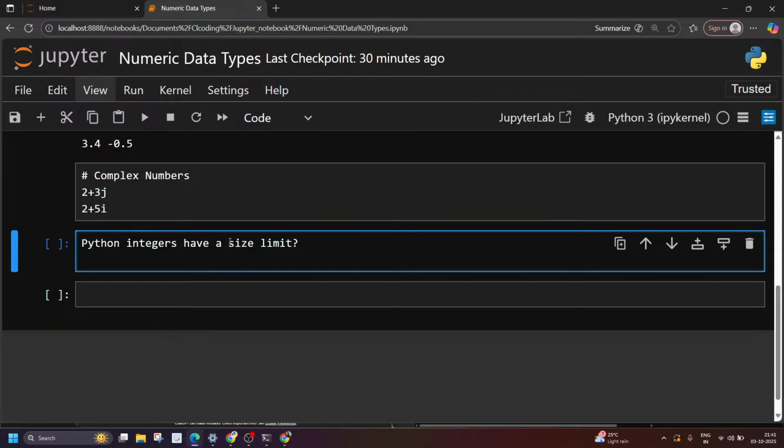Let's see the correct answer. The correct answer is no, because in Python 3, integers can grow as large as the memory allows. Unlike C or Java, there is no fixed size limit for integers in Python.